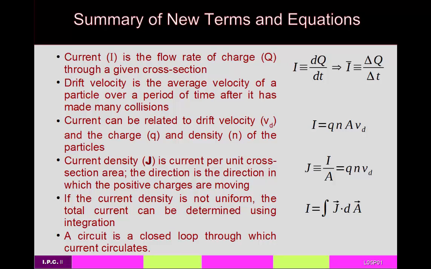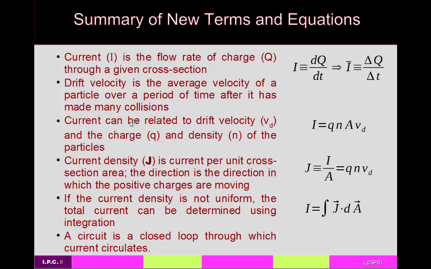So to give a brief summary of what all we've covered in this lecture, I've introduced the concept of current, which is the flow rate of charge through a given cross-section. I can be given by dq/dt, or the average current is delta q over delta t. The drift velocity, in turn, is the average velocity of a particle over a period of time after it's made many collisions.